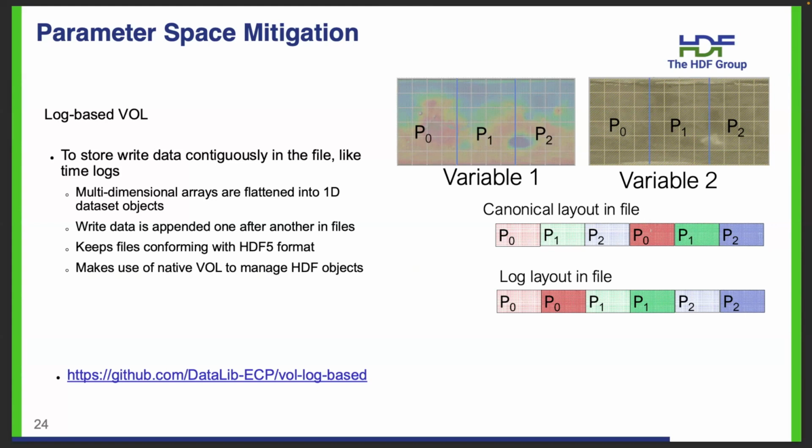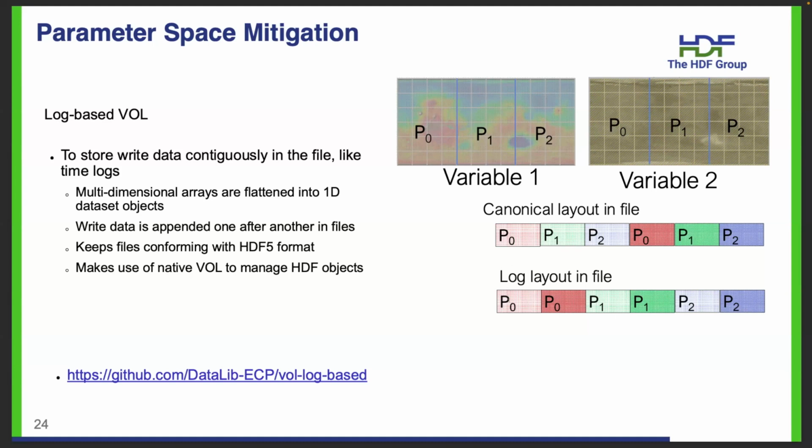That's what that P0 write is. So it writes its 0, skips, and writes its 1, and skips. What the log VOL does is try to make that more contiguous.